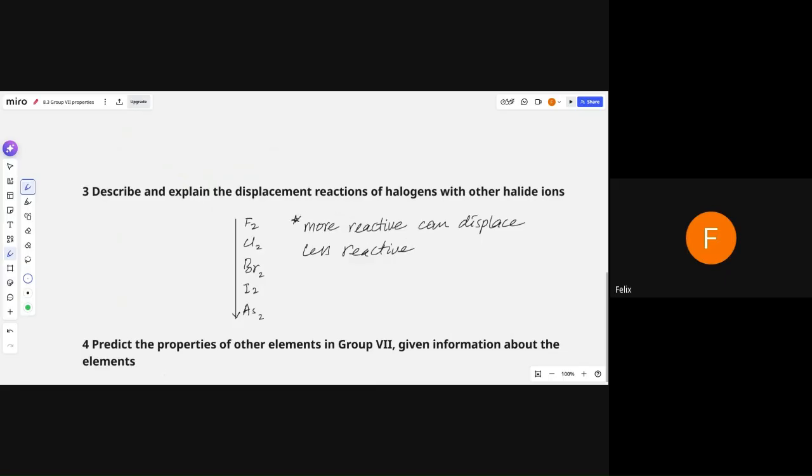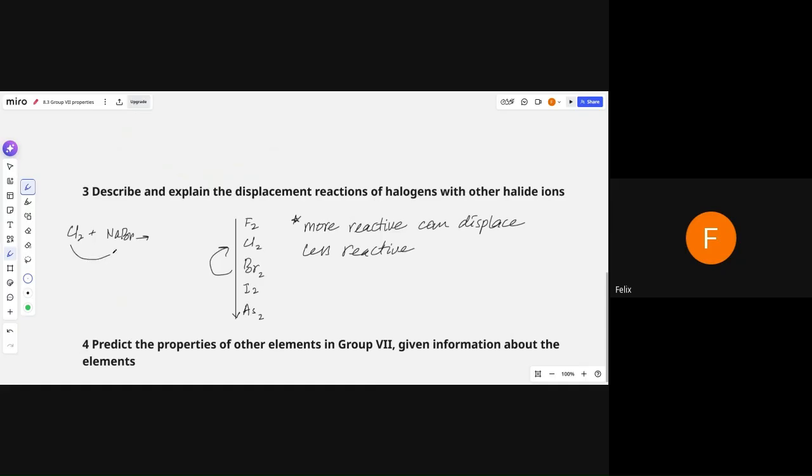Now I'm going to give you some equations. For example, Cl2, chlorine gas, when it reacts with sodium bromide, NaBr, that's a salt. Since chlorine is higher on the periodic table than bromine, it will be more reactive, right?